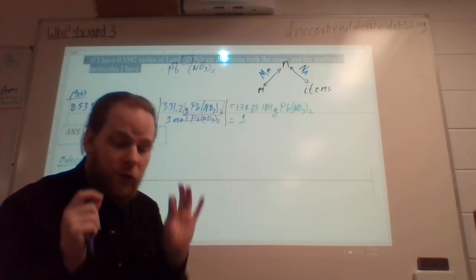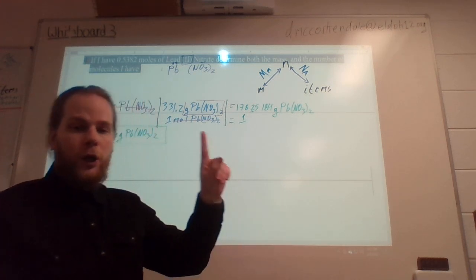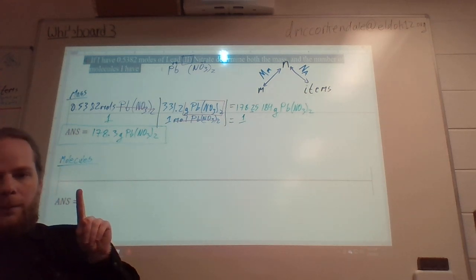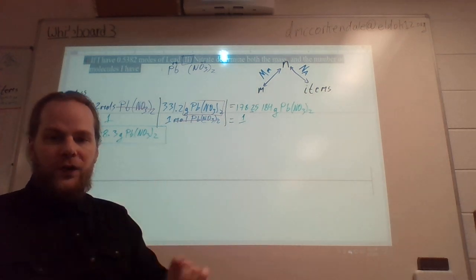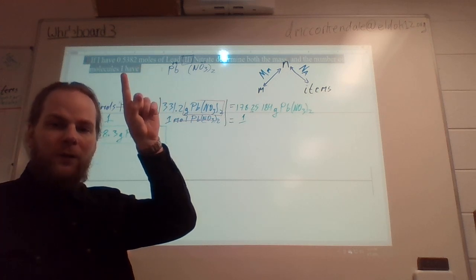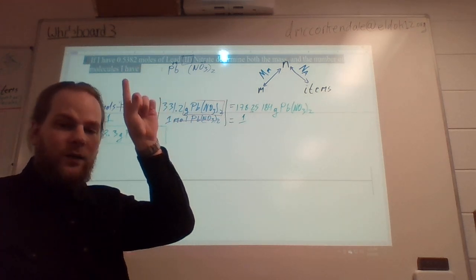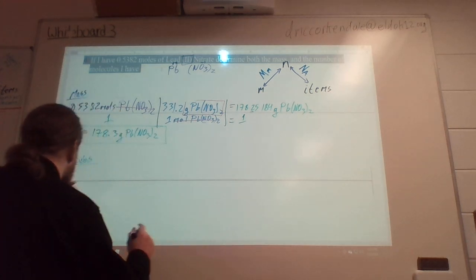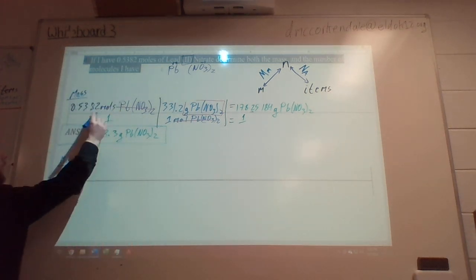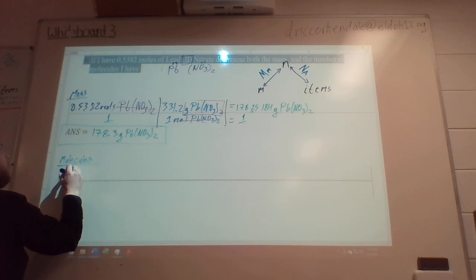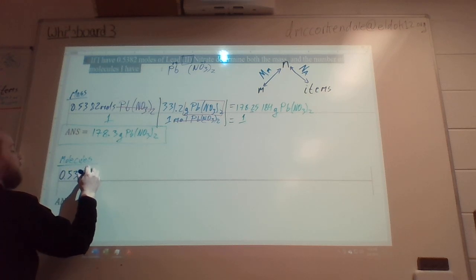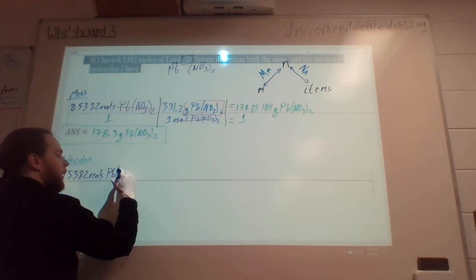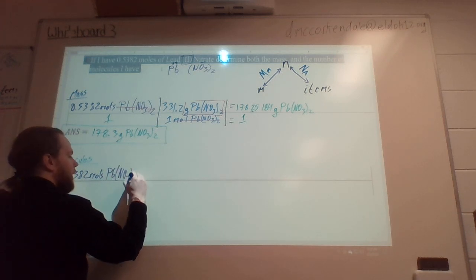The known is still the same thing. You do not use this answer to find this answer. We still start with 0.5382 moles of lead-2 nitrate. So we write that here just like we did up top. 0.5382 moles of PbNO3(2).